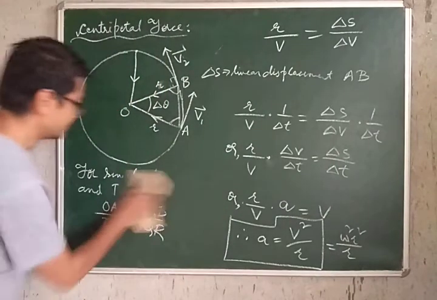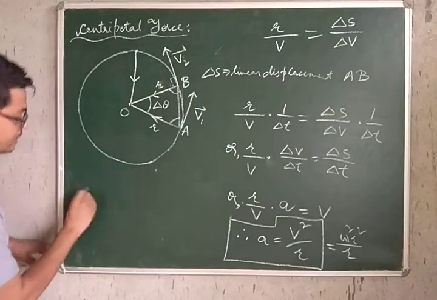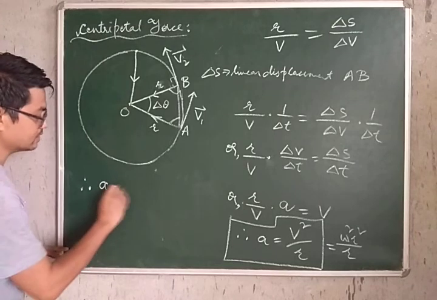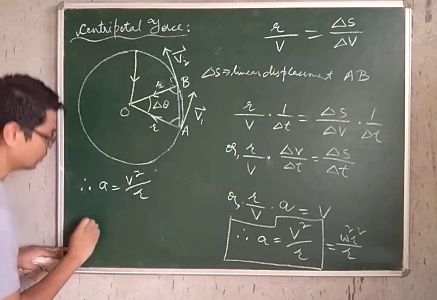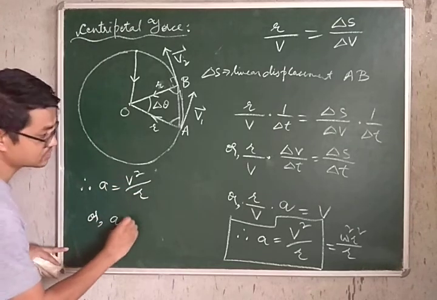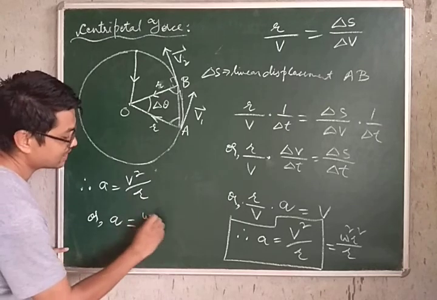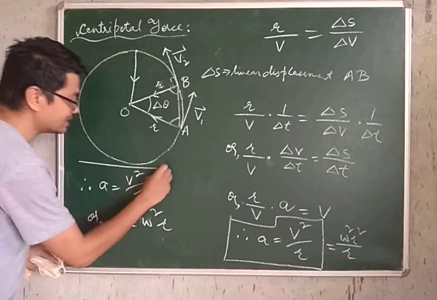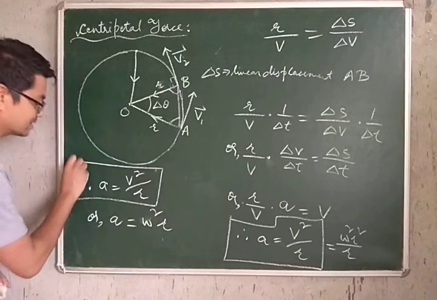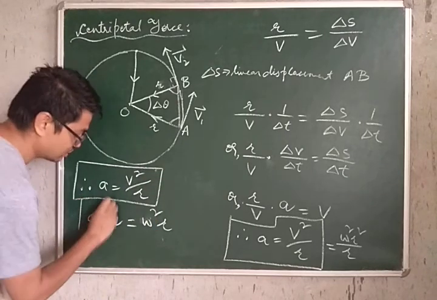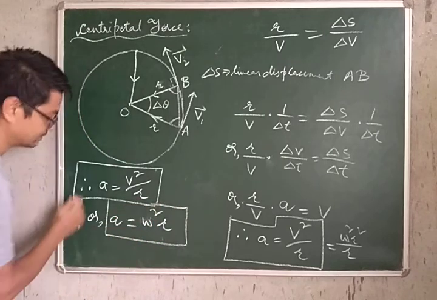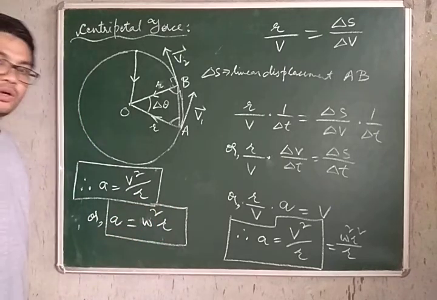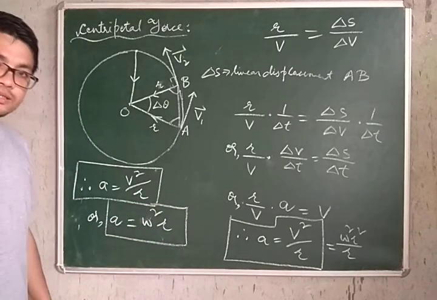And thereby we can write, A is V squared by r, or the centripetal acceleration is omega squared r. So these are the two expressions for the centripetal acceleration. Remember that, class 11. Whichever you prefer, you can write this.